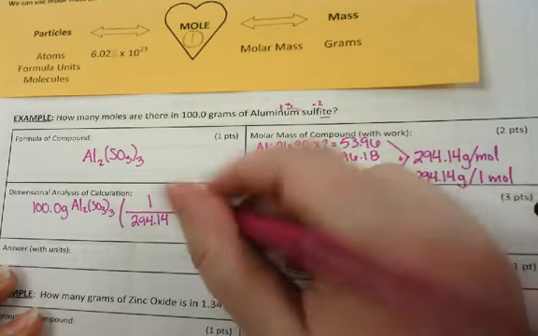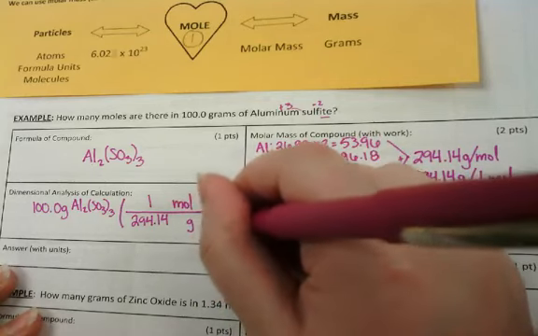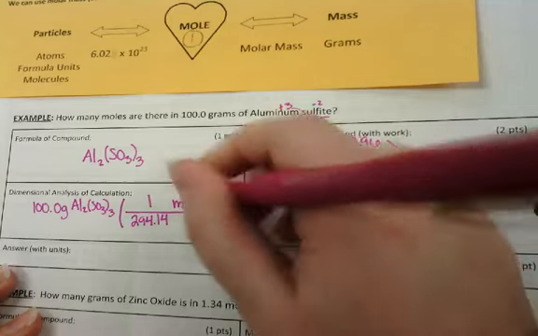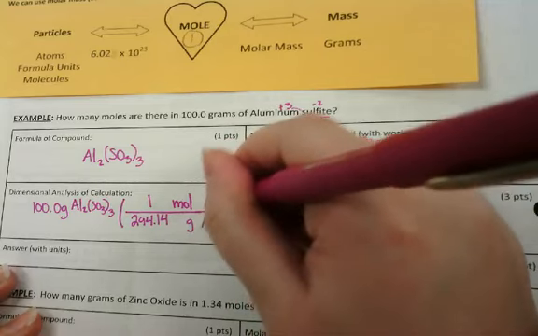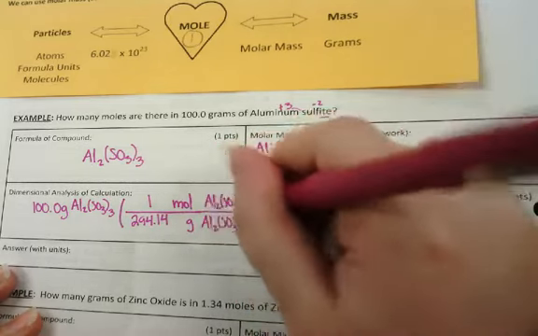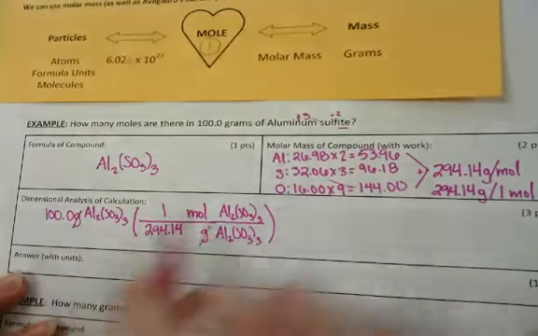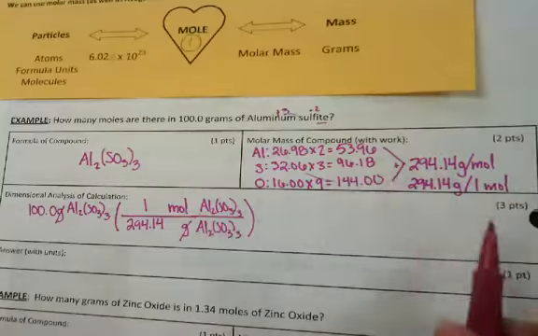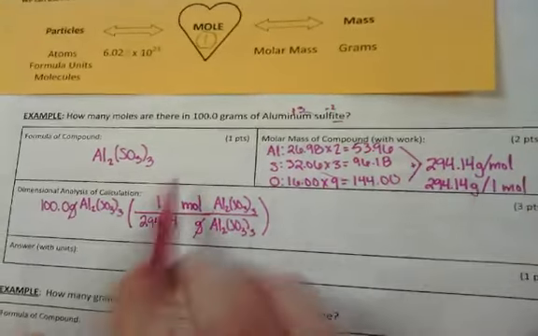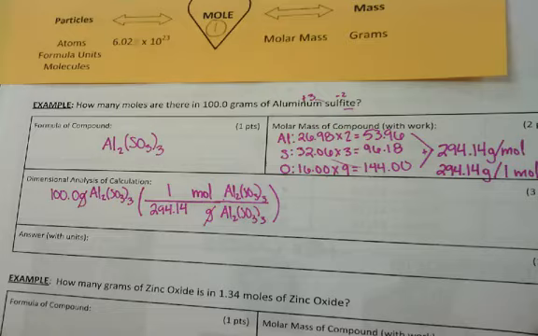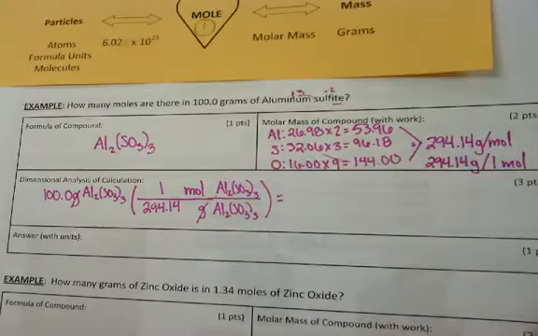Then we're going to write our aluminum sulfide again. And so by doing this, we've canceled out grams, and we're left with moles. We used our molar mass that we calculated here and plugged that into our dimensional analysis as a conversion.